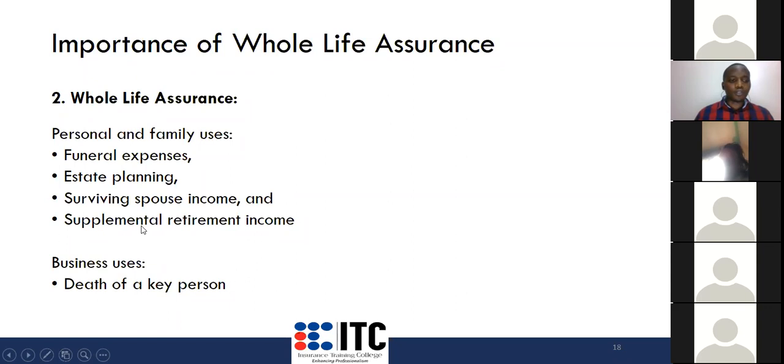Whole life is a policy that is usually taken out by individuals. So I would focus majorly on the funeral expenses, really strong for estate planning, and then also for the surviving spouse's income.